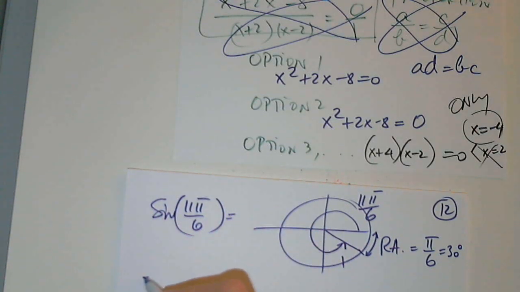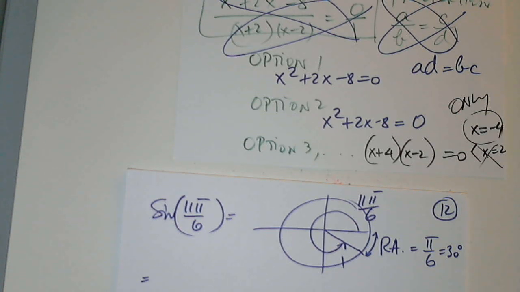So what is the value of sine? What is the sign, not the value, sorry. What is the sign of sine in the fourth quadrant? Now, let's analyze where we measure sine. On the y-axis. What is the sign of sine in the fourth quadrant as well as the third? Negative.